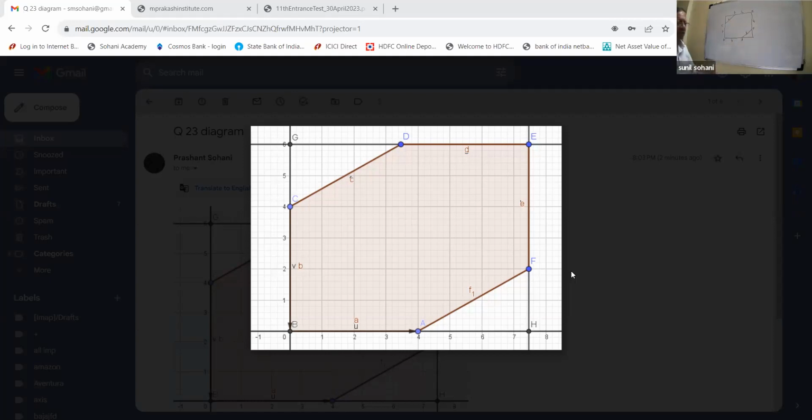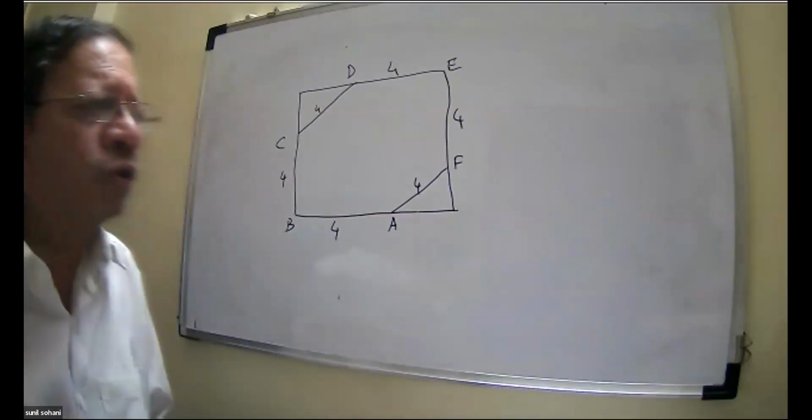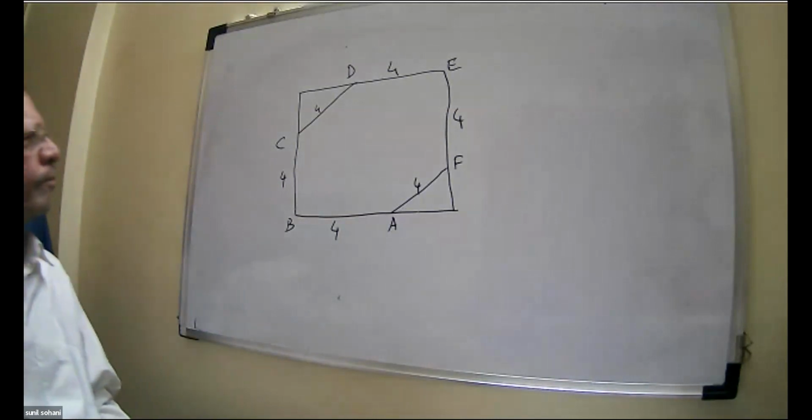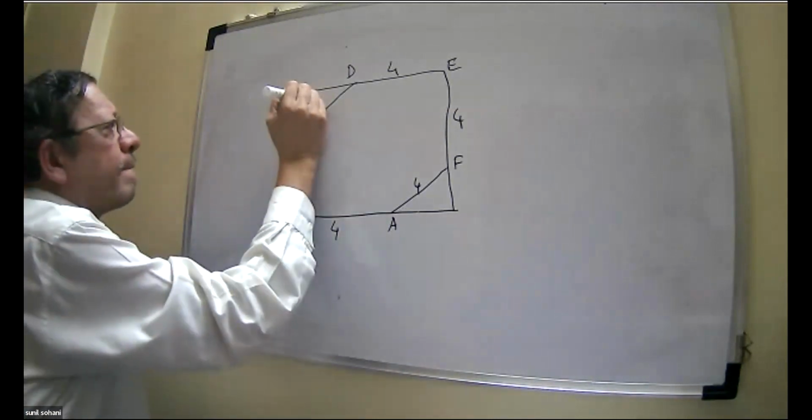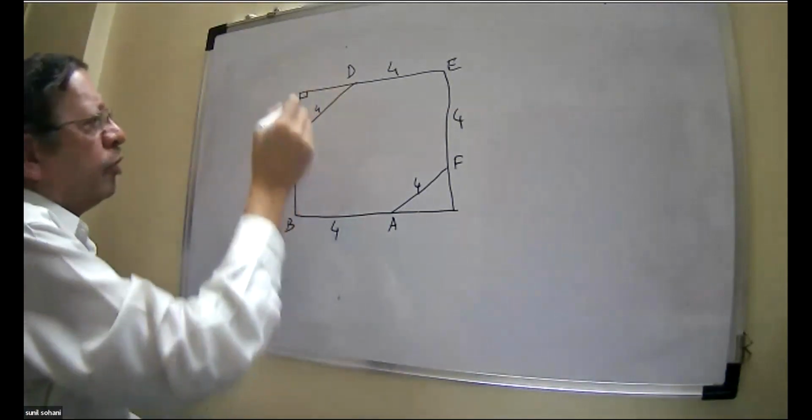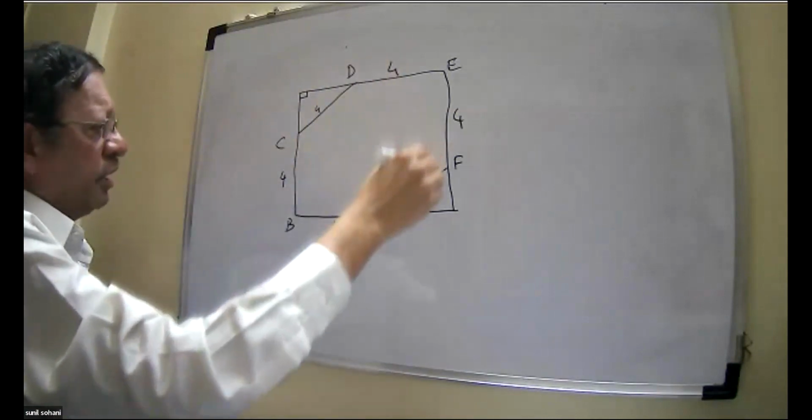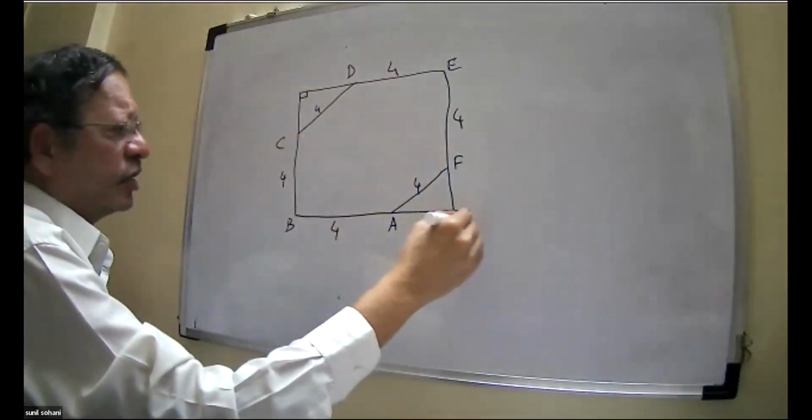All are 4 units. Now I'll stop sharing this picture and let's come back to the board. Let me call these points A, B, C, D, E, F, G, and H.